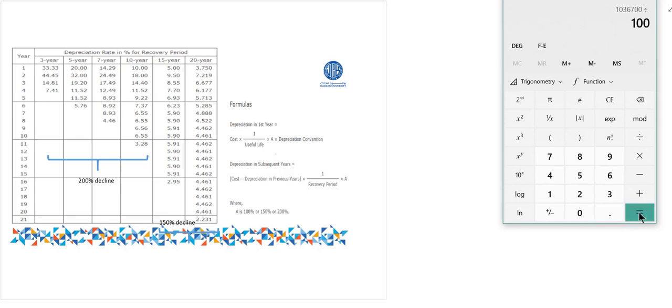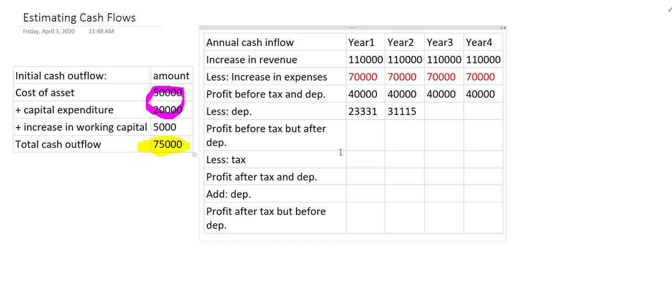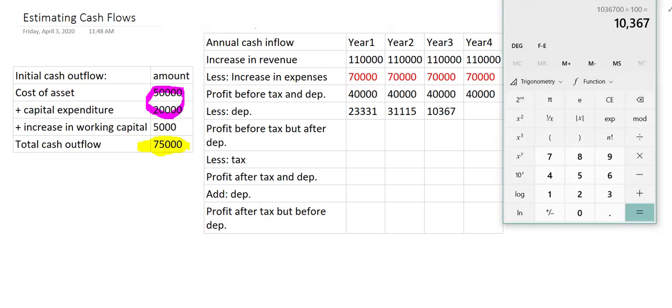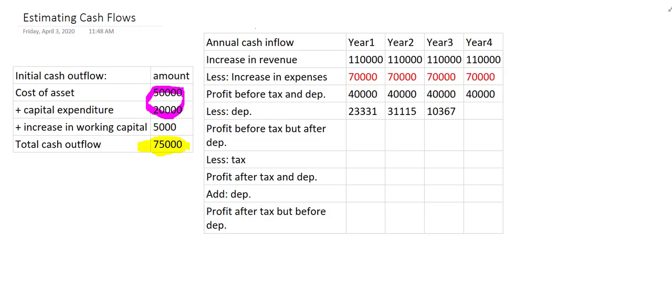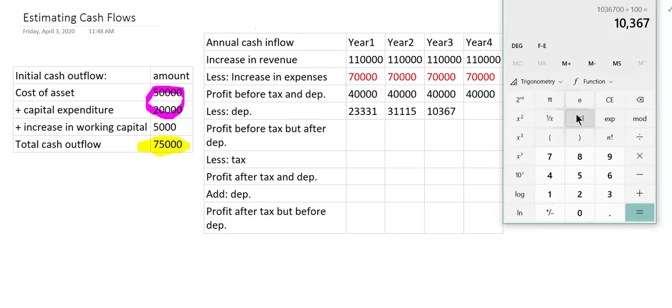By 100. You get 10,367. So mention here 10,367, if I'm not wrong. 10,367, that is fine.